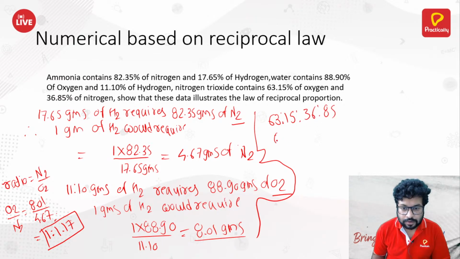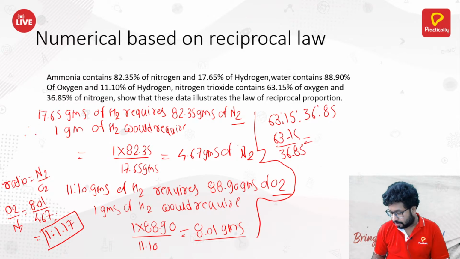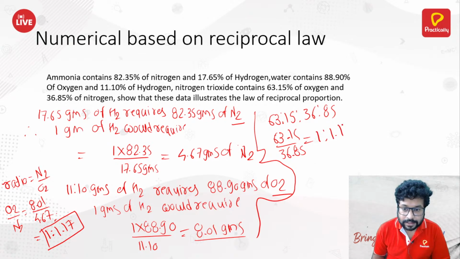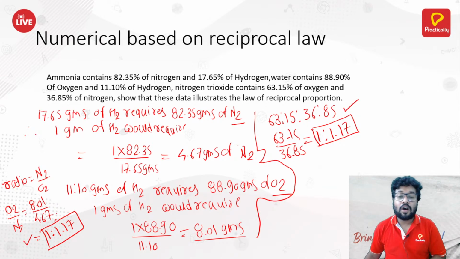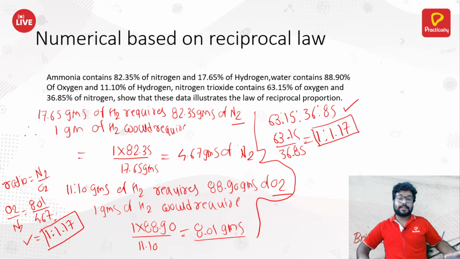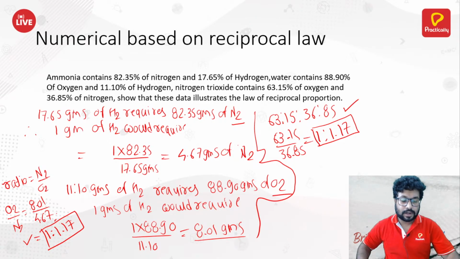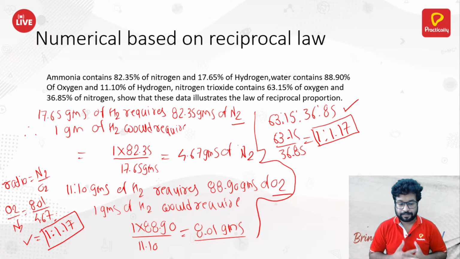If you solve 63.15 divided by 36.85, you will get the ratio 1 as to 1.7. So here also the ratio came out to be 1 as to 1.7. That's how the law of reciprocal proportion is proved.